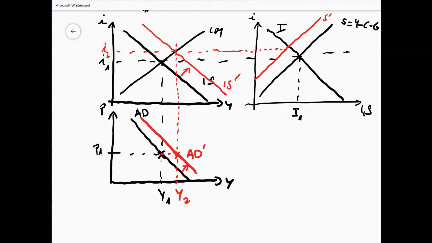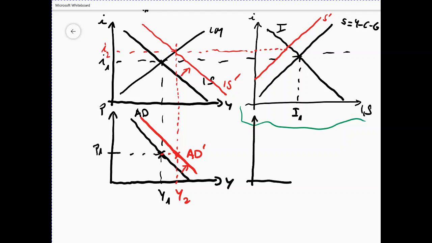Now what would happen if instead we had a change in the monetary policy? So now instead of using this graph here, you could just say, okay, then let's see what happens if instead there is an increase in the monetary base.